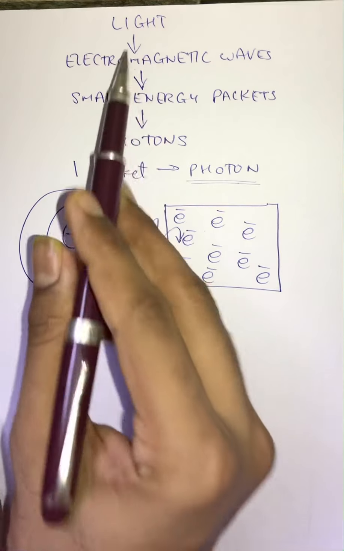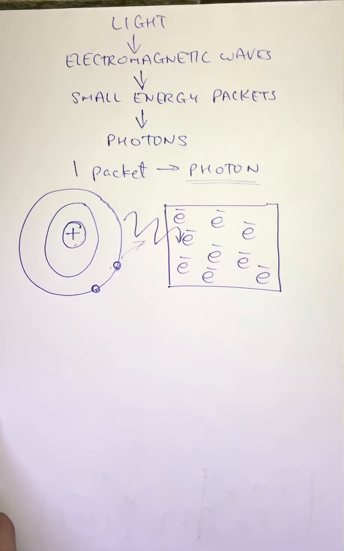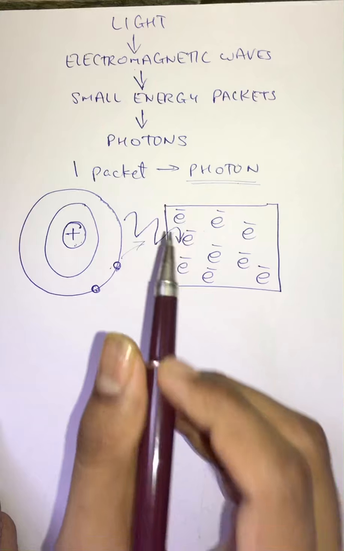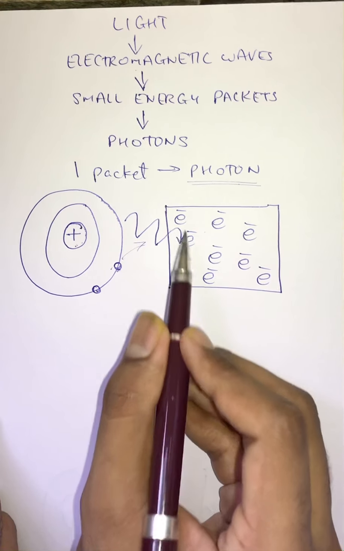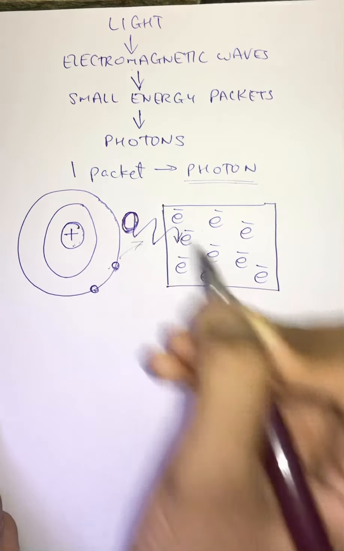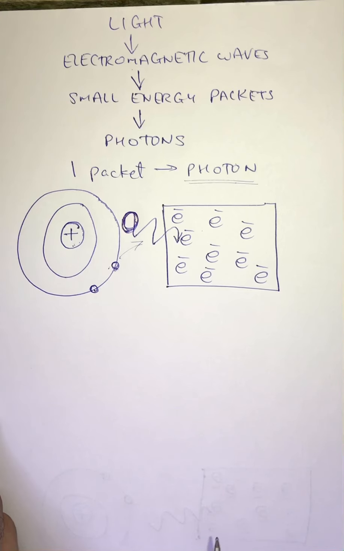This ray of light travels in the form of an electromagnetic wave, and this wave consists of many small photons. But for our better understanding, out of those many photons, I am going to consider only a single photon here.